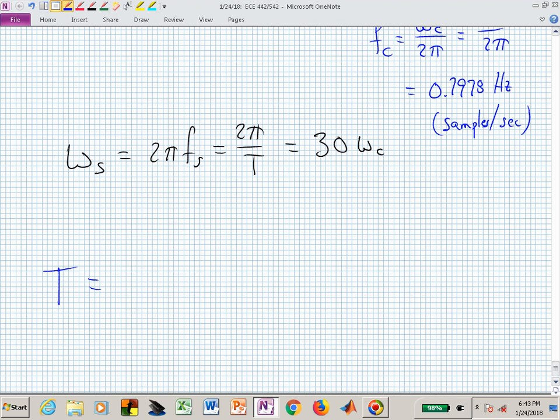F sub s is cycles per second or samples per second. 2 pi is radians per cycle or radians per sample. And T is seconds per sample. Anyway, if we now use this piece over here to solve for T, T becomes 2 pi over 30 omega sub c.